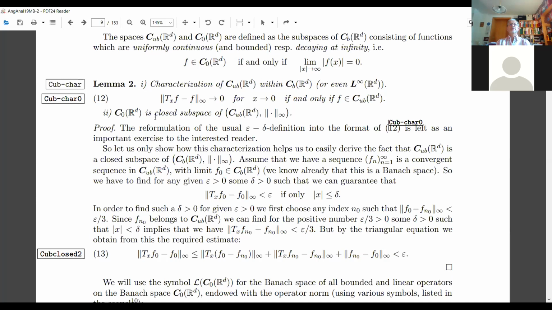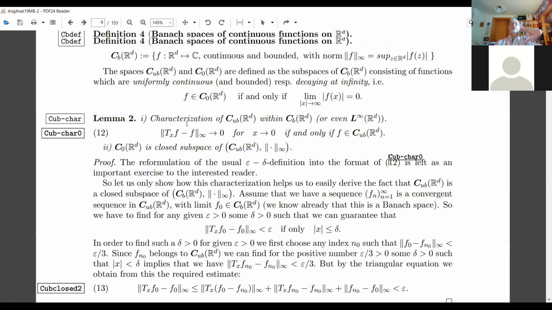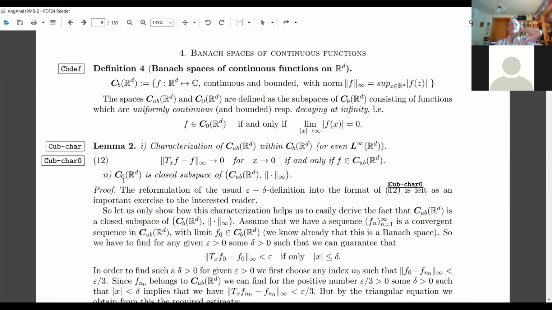So yes, it's true that we have now 3 different spaces. You have them here in the graph. It's the C0 space, which has this also nice property that it's a Banach space. So if somebody says, I have a sequence of functions, all of them vanishing at infinity, and they are uniformly convergent, so they are a Cauchy sequence with respect to this norm, then the limit will also be continuous and will vanish at infinity.